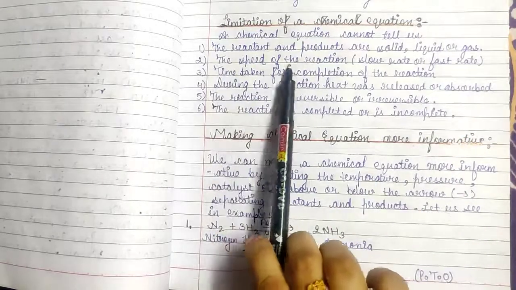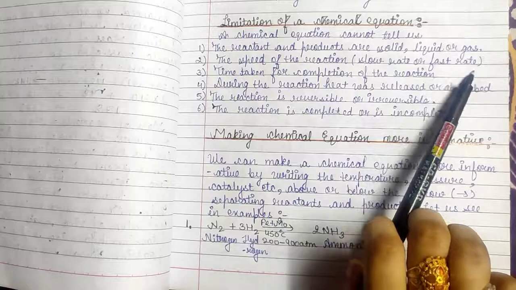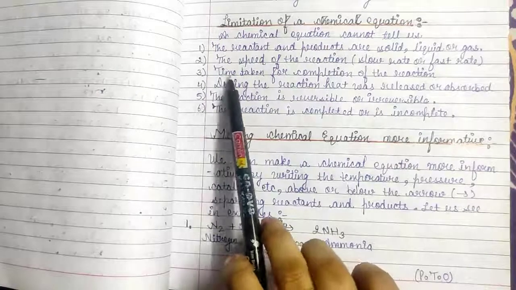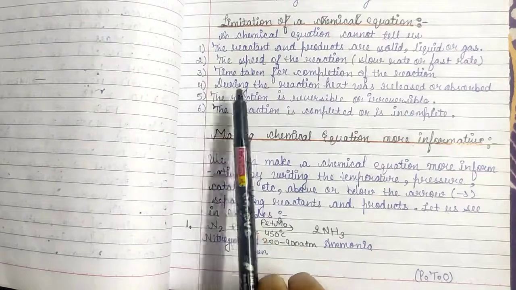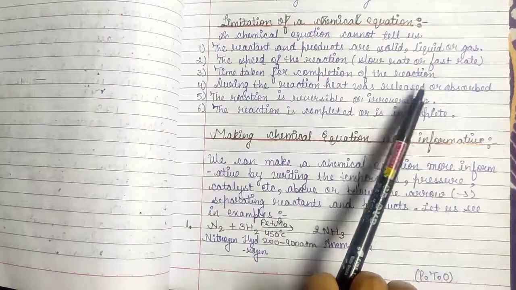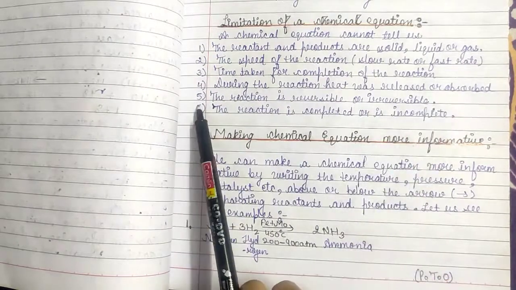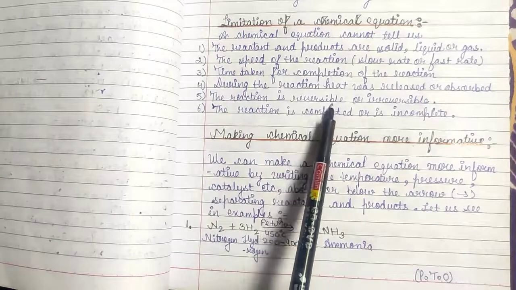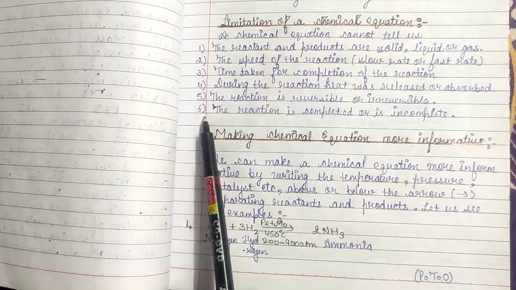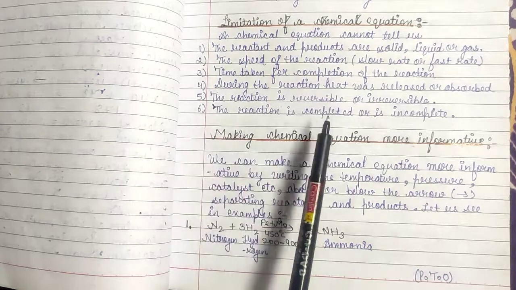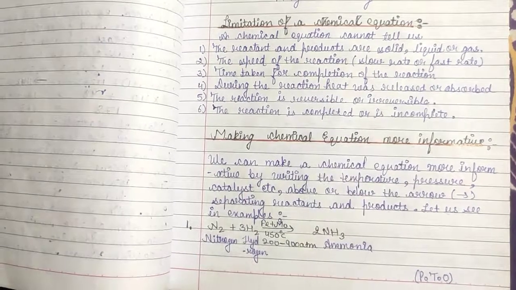Number 2, the speed of the reaction, slow rate or fast rate. Number 3, time taken for completion of the reaction. Number 4, during the reaction, whether heat was released or absorbed. Number 5, whether the reaction is reversible or irreversible. And the last, number 6, whether the reaction is complete or incomplete.